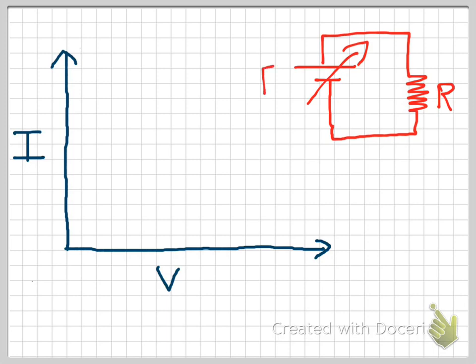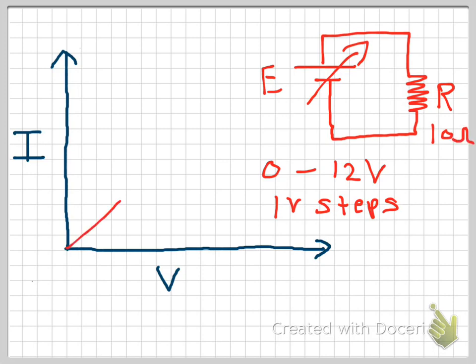We'll be learning all about those. Let's say we start the volts at 0, and we raise it from 0 to 12 volts in 1 volt steps, and the resistance is fixed. Let's just say it's 10 ohms.